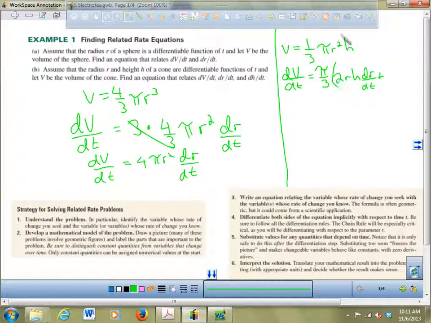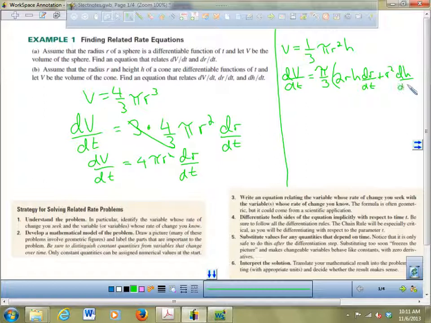Now I'm applying the product rule, taking the derivative of h, which is 1 times dh/dt. So that's going to be r squared times dh/dt.